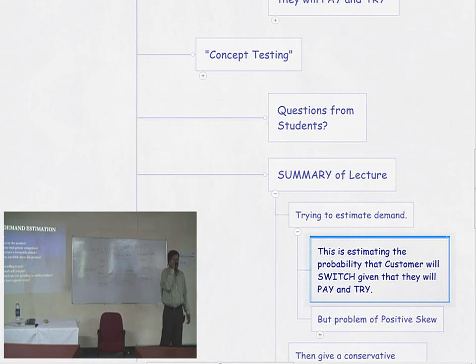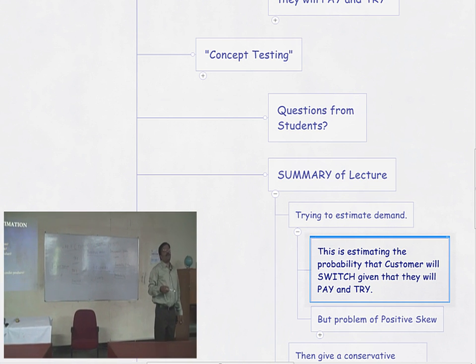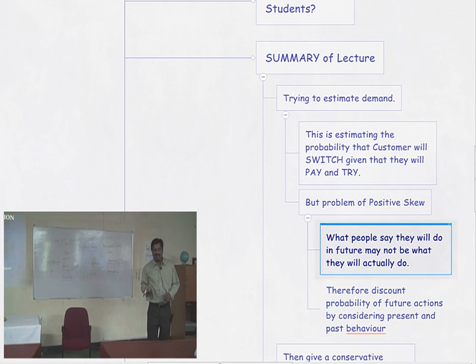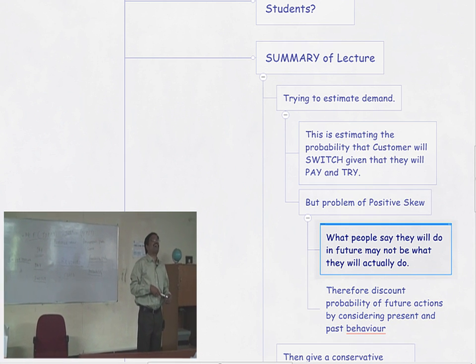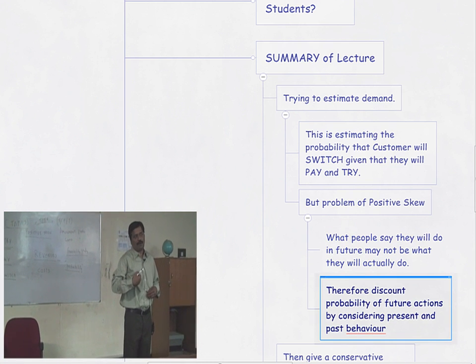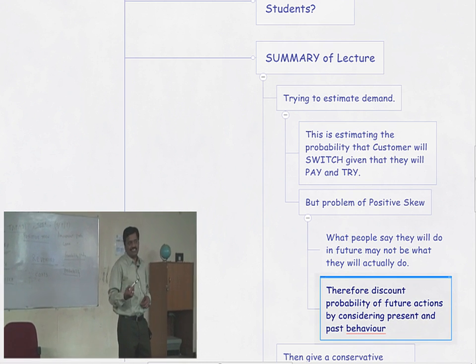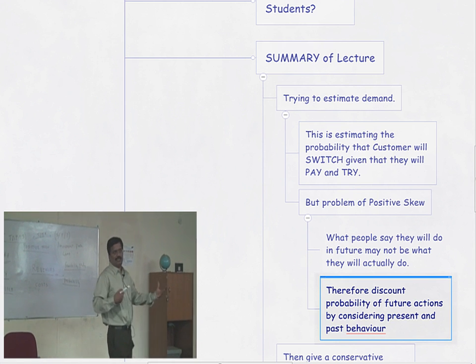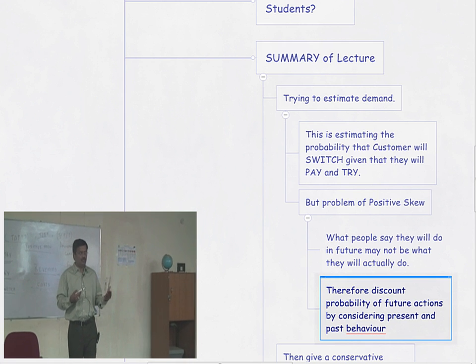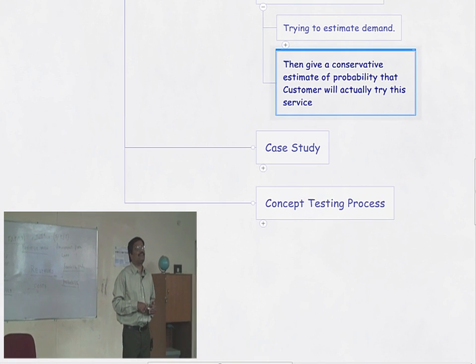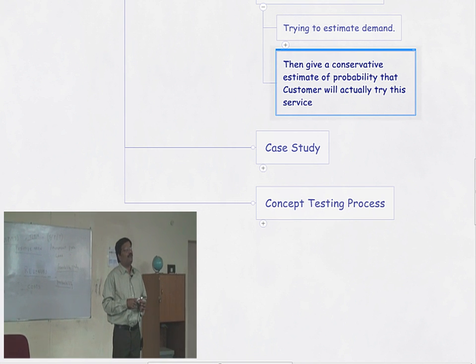And we all know that there is a problem of positive skew, so essentially what people say about the future may not be what they will actually do. Okay. So we would like to discount the probability of their future actions by bringing in their present or past behavior into account. Using that, we will try to estimate a conservative probability estimate of the probability that this person will actually try the service.